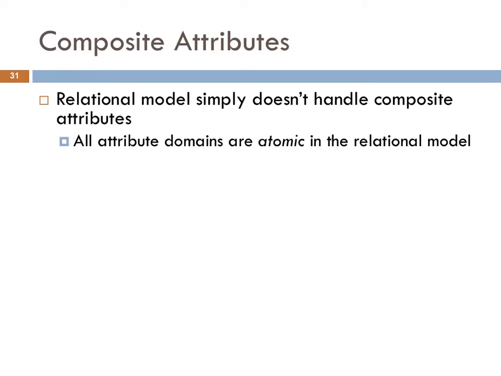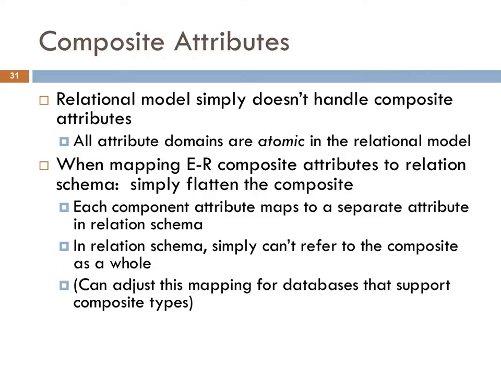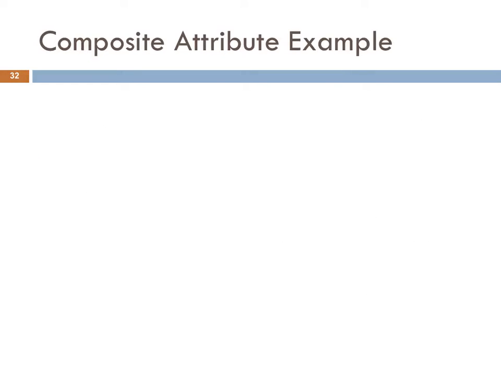Okay, composite attributes. Well, we just don't do them in the relational model. Turns out you can do them in SQL; we'll talk about that in the future. But when you're mapping composites to implementation, you just take all the components and map them. That's easy enough. It's not very exciting.